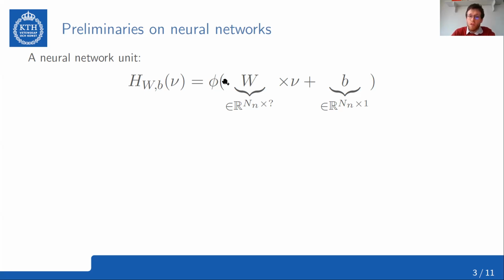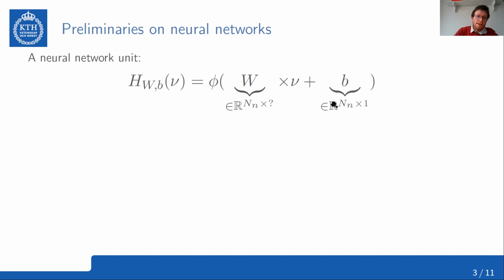Then it is equal to φ, a function called the activation function, an element-wise activation function, applied to W times ν plus b. And W is a matrix with capital N rows. That means that it has N neurons inside. And this is the bias.